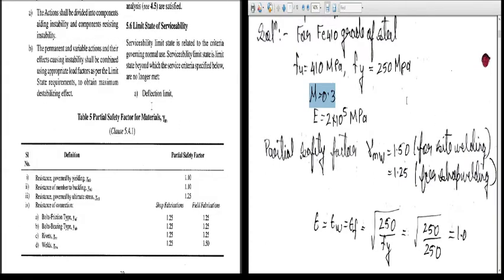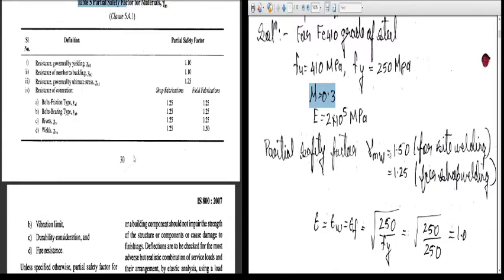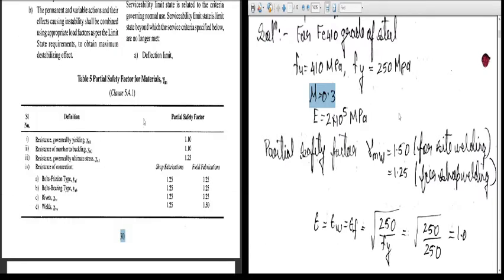So this is table number 5, partial factors of safety for the materials, and it is given on page number 30 of IS 800 2007. You can see the description has been given as definition here, and partial factors of safety are given here.